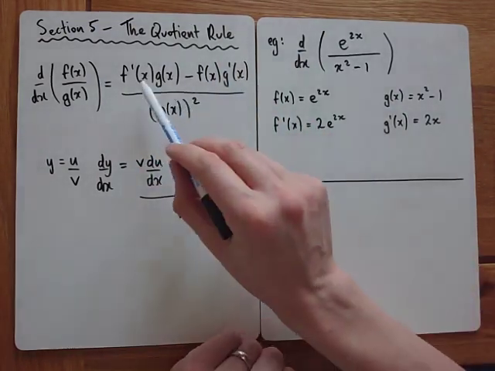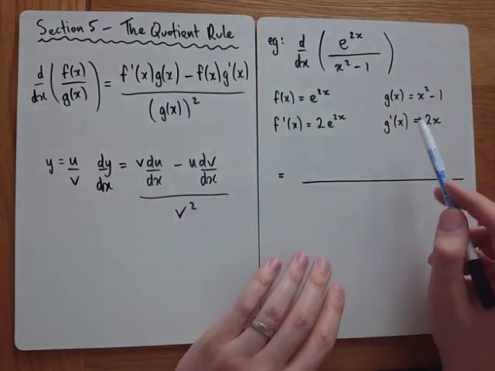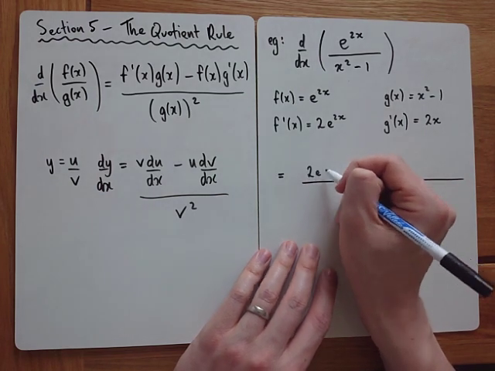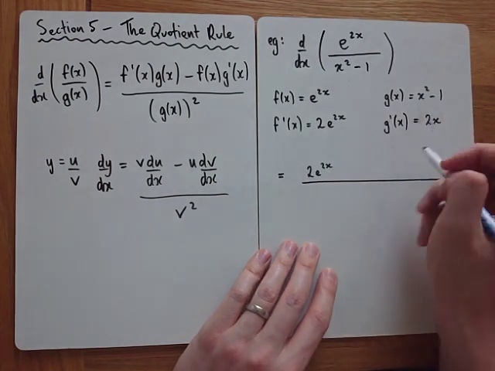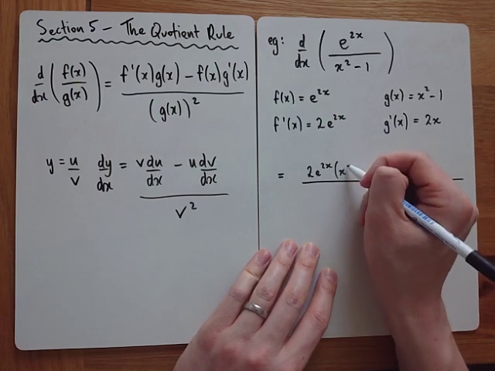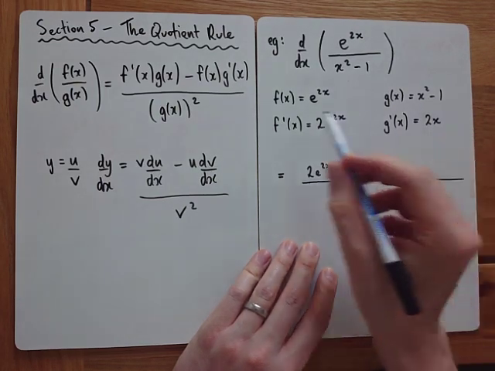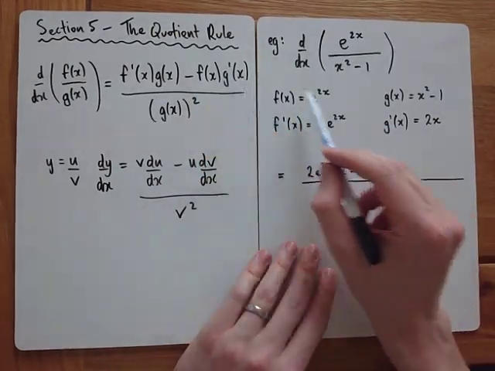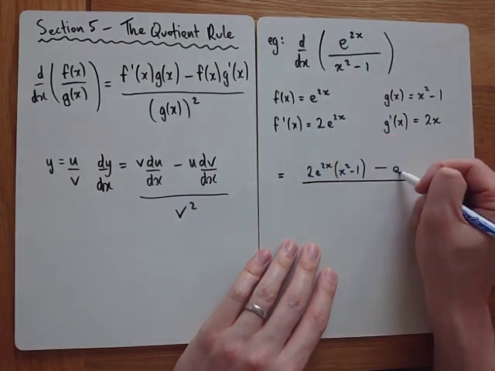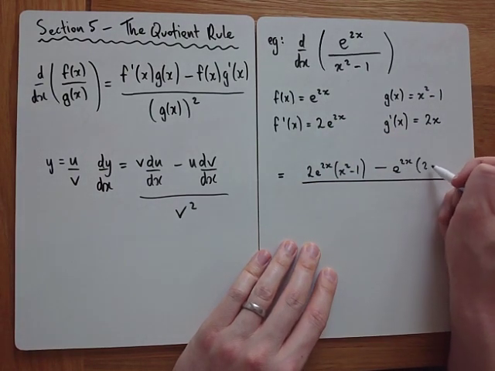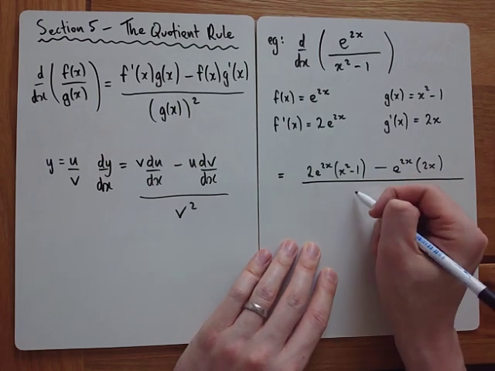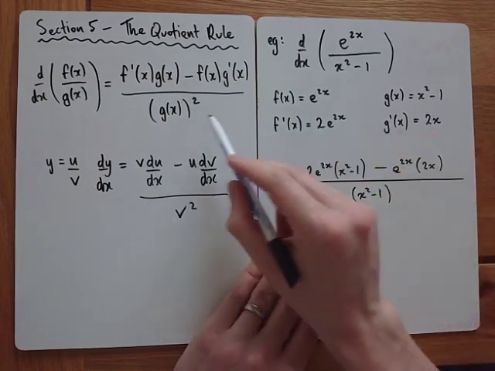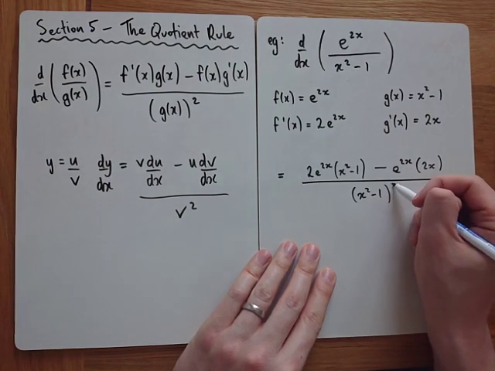So it's f dash times g: 2e to the 2x multiplied by g, which I will definitely need to put in a bracket because that's two separate terms, minus f times g dash, which would be e to the 2x times 2x, all divided by x squared minus 1 squared, because it's g squared.